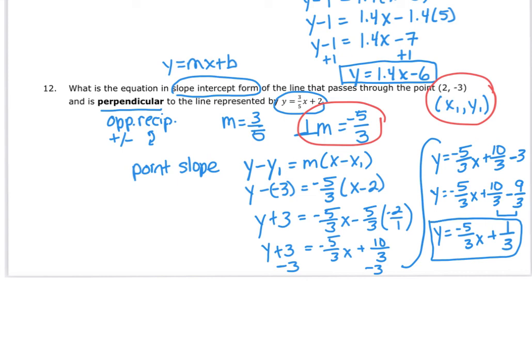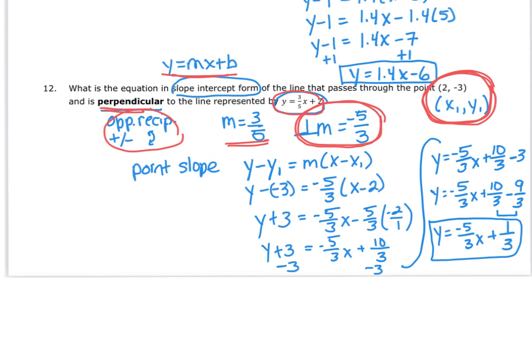This is the slope-intercept form of an equation of a line that passes through this point and is perpendicular, which means opposite reciprocal slope, to this line over here. If this line has a slope of 3/5, then a perpendicular slope would be the opposite reciprocal, -5/3.